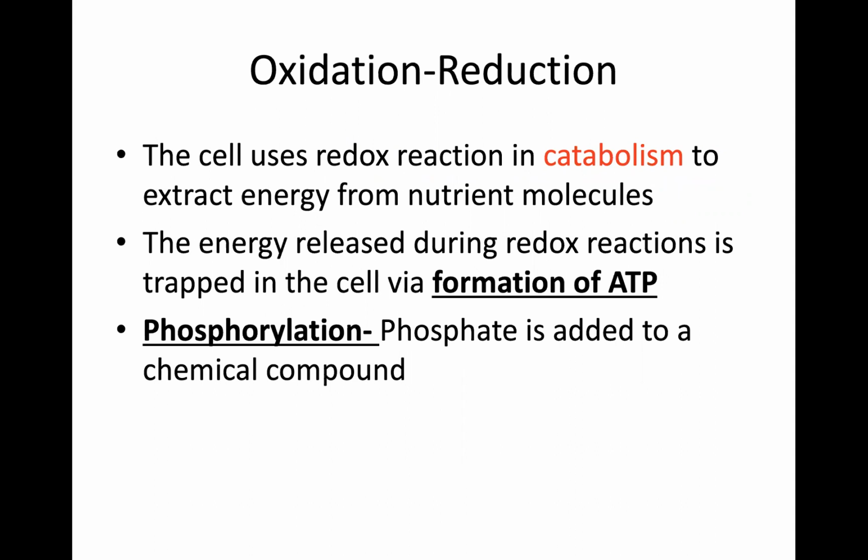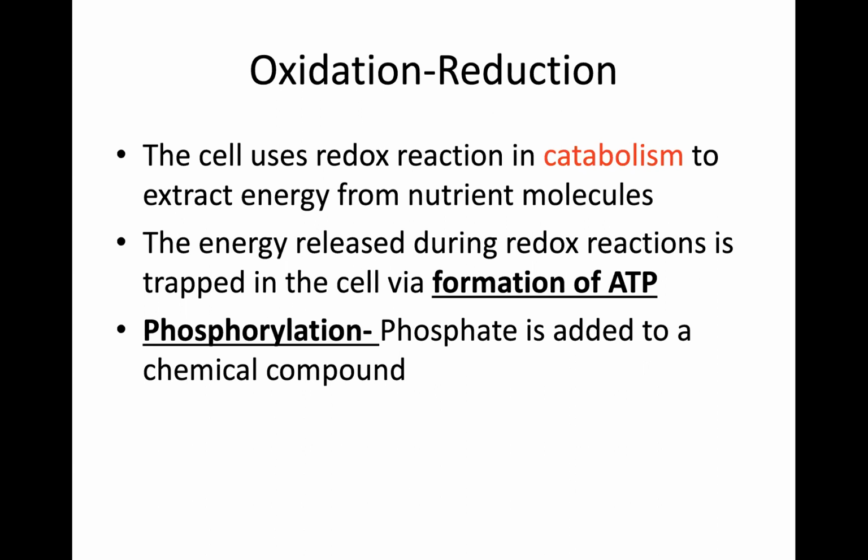The cell uses these redox reactions to break down, through those catabolic pathways we talked about, organic substances in order to extract the energy from the nutrients, the foods that we eat. These breakdown processes are basically the result of oxidation-reduction, or redox. The energy that's released during these redox reactions is trapped in the cell in the form of ATP.